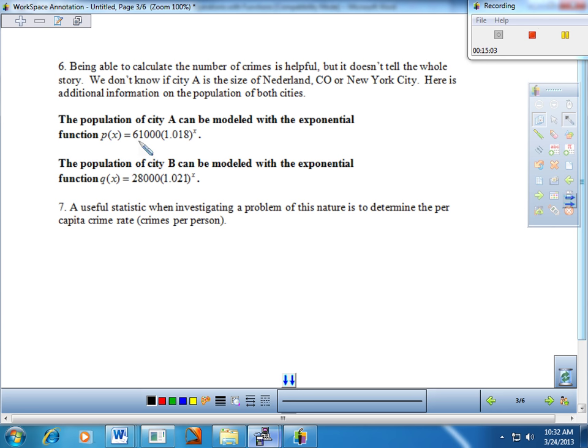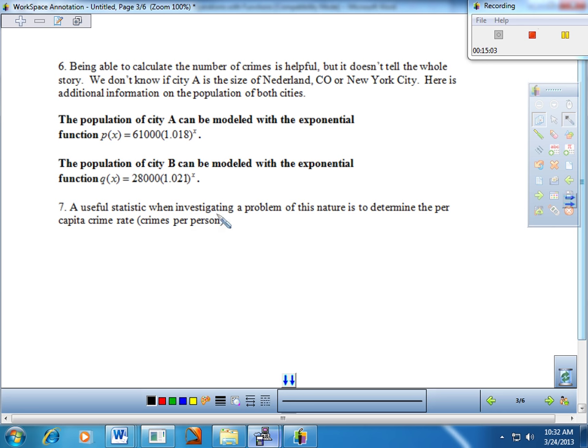It says, for number 7, a useful statistic when investigating a problem of this nature is to determine the per capita crime rate. So not just the number of crimes in a particular city, but actually the crimes per person. So per capita crime rate. We have functions that refer to that mathematically.